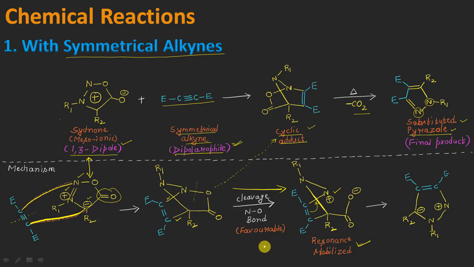This will now become a carbon double bond nitrogen, giving a carbon single bond carbon here, and the positive charge will now appear on this carbon atom, I mean this carbon atom here, right? So because it is resonance stabilized, yes, it is resonance stabilized, the positive charge is stable here, it will move in this direction, resulting in the formation of this type of intermediate, which then will release a molecule of CO2 in this way.